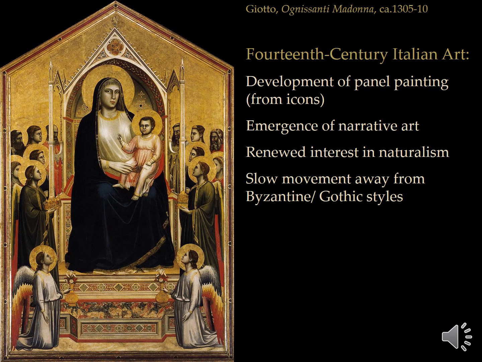And then finally, we see the slow shedding of and movement away from the Byzantine and Gothic styles. Those styles that either distort anatomy, or create something that focuses on graceful linearity, but otherwise move us away from the appearance of figures in nature.